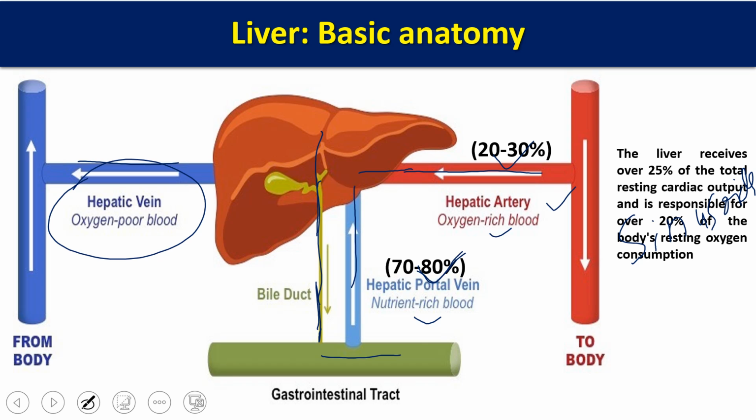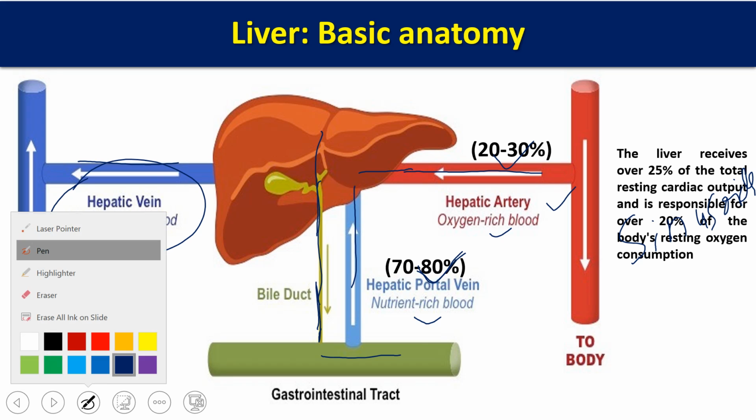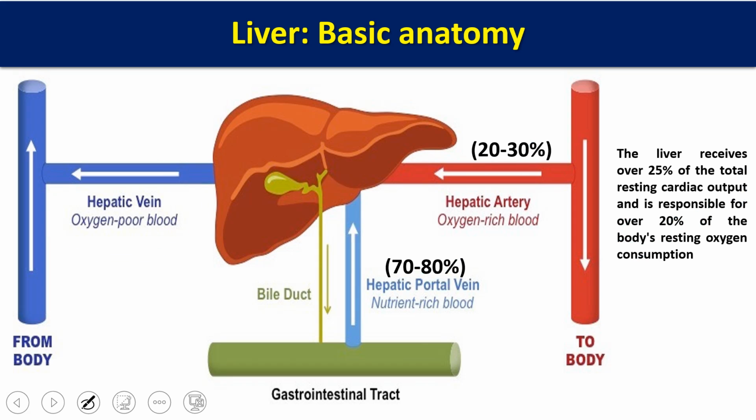The liver receives 25% of the total resting cardiac output, meaning whatever blood the heart pumps, roughly one fourth goes to the liver.